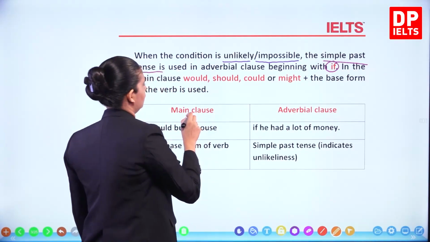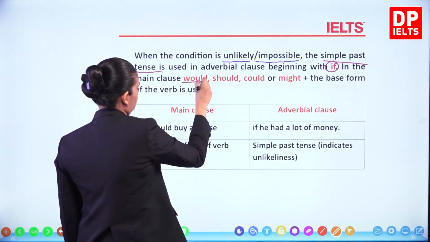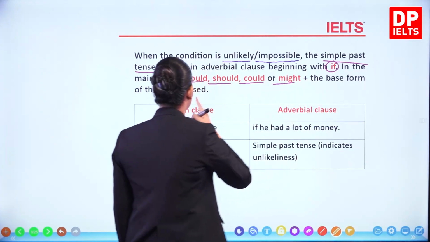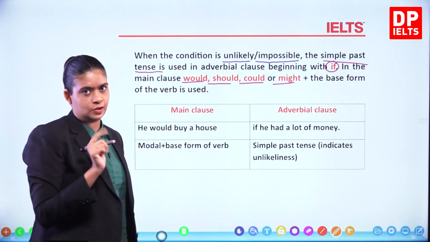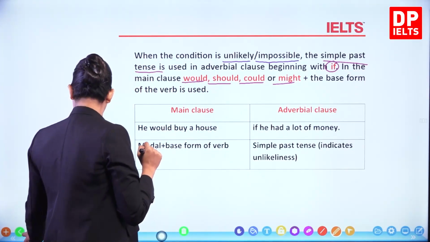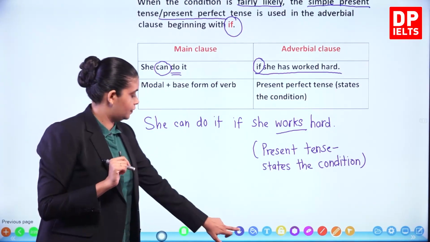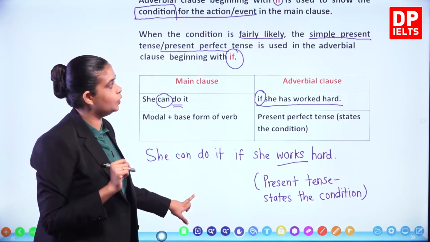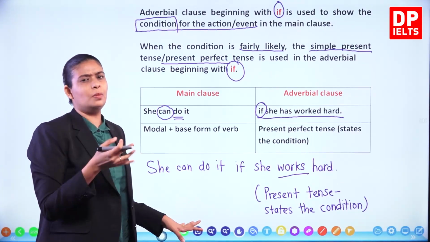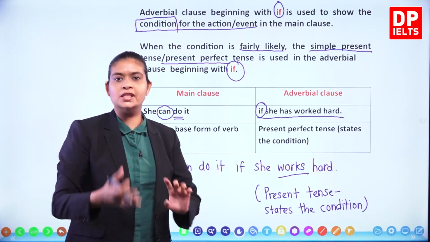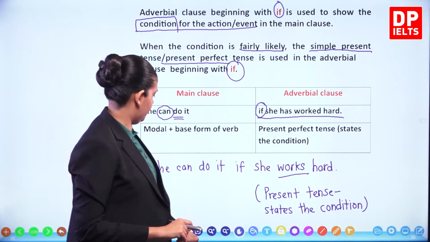In the main clause, would, should, could or might plus the base form of the verb is used, right? Now, in this one, there are a few changes. So carefully observe this. Actually, it's not complicated. There are a few points here that you need to carefully remember, right?